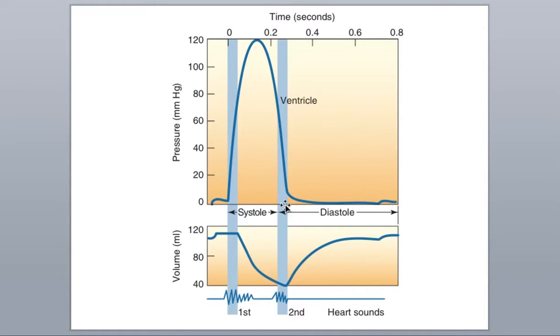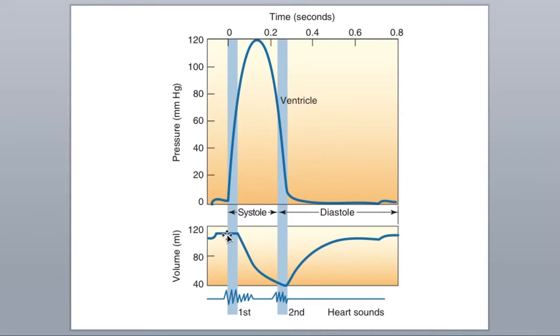All right, so you can see from the figure here, during systole, the pressure increases pretty dramatically. All right, and then during relaxation, the pressure dramatically decreases. Now, down at the bottom, you can see where there's a certain volume of blood within the chamber.